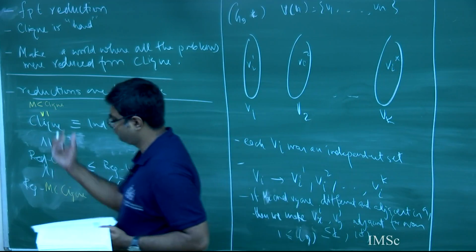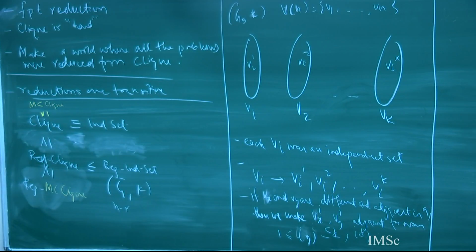So basically look at their copies in every pair, every class, and just make them adjacent, right?